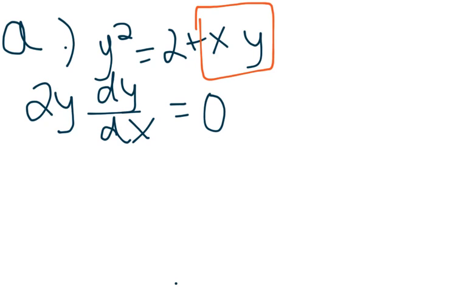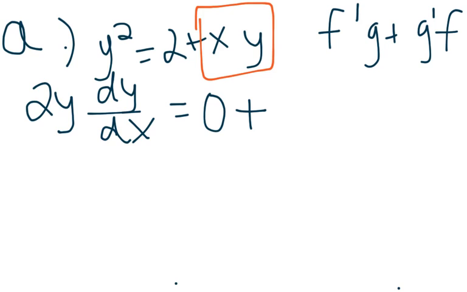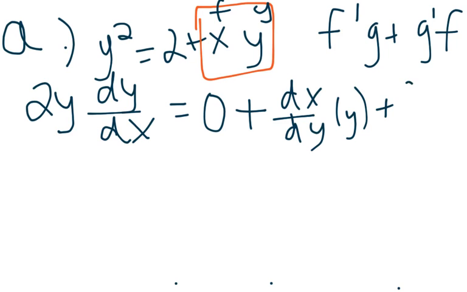So just to recall what the product rule is, it's f prime g plus g prime f. We'll say this is f and this is g. So back here. So this is 0 plus dx over dy, which will be our prime, plus dy over dx times x.